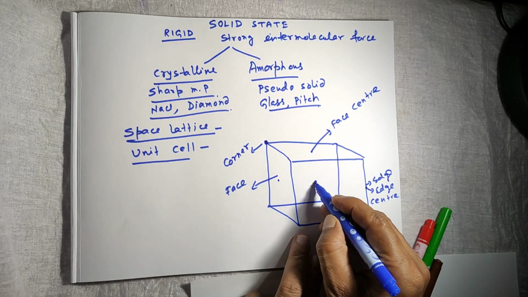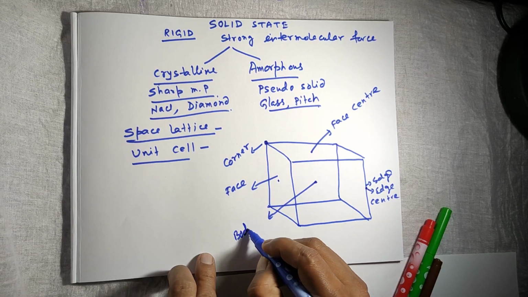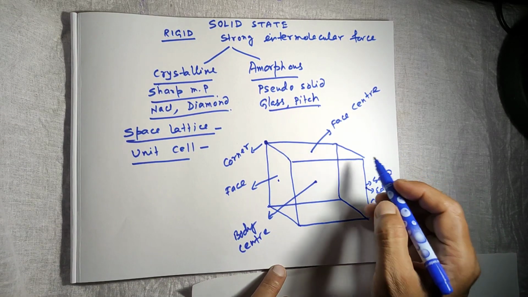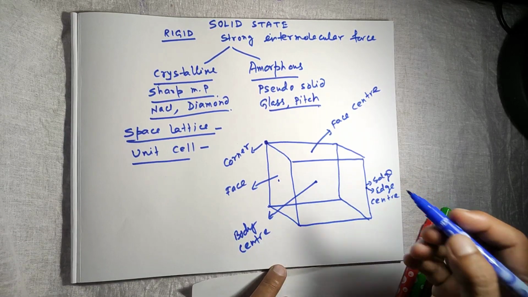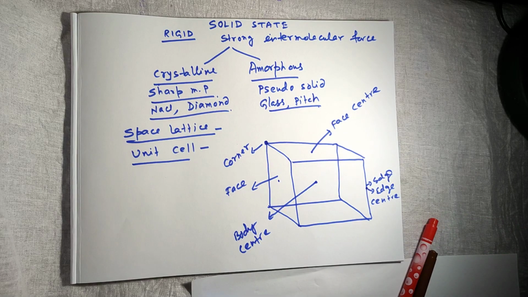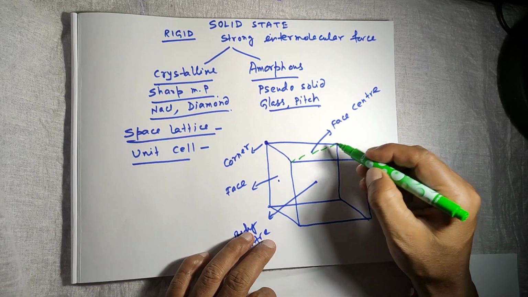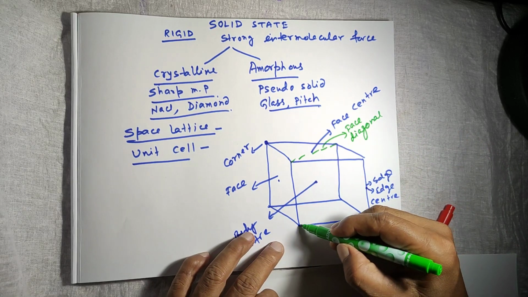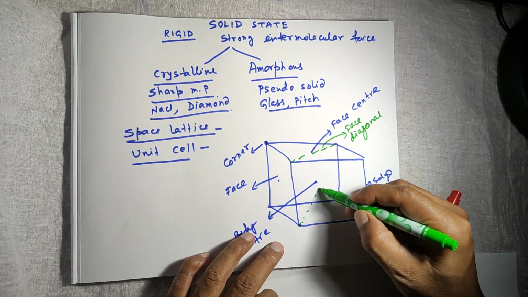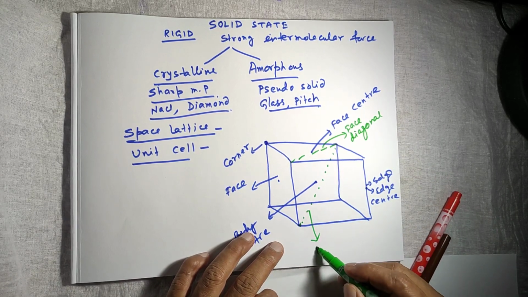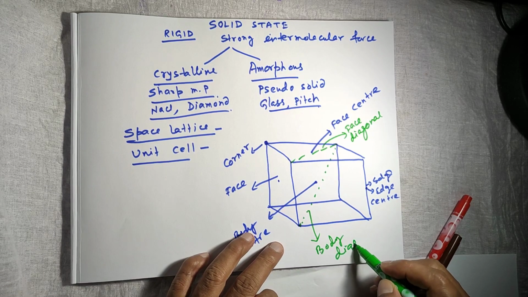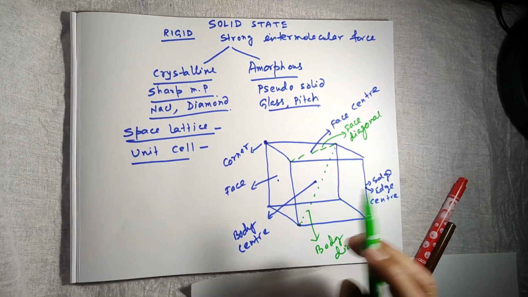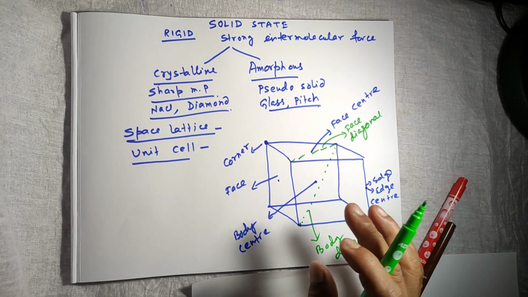Inside the body, the center of the body is the body center. This is the face diagonal, and this corner to this corner is the body diagonal. So I think it is clear to you.